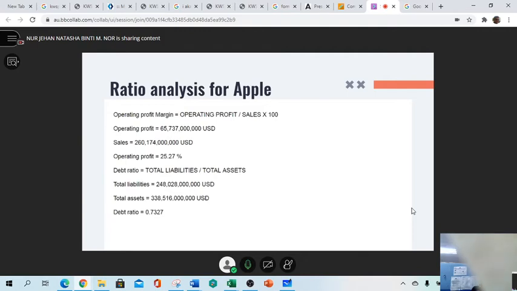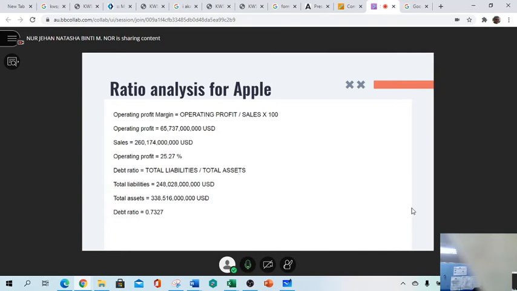Okay, the total operating profit is 65,737 million USD. For sales, 260,174 million USD. The operating margin is 25.27%.